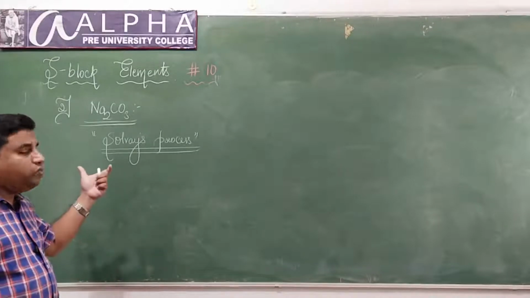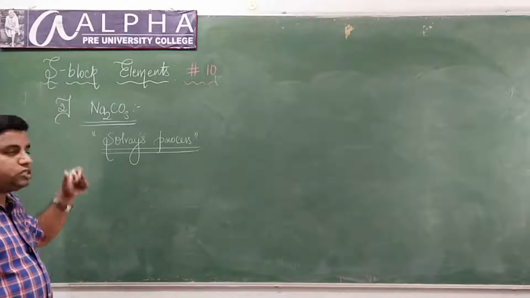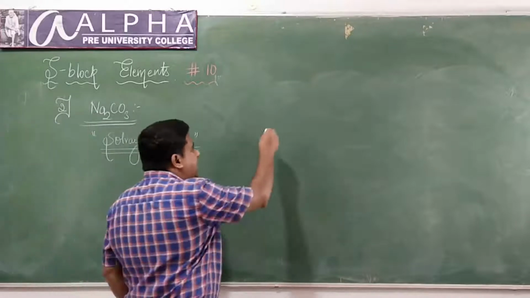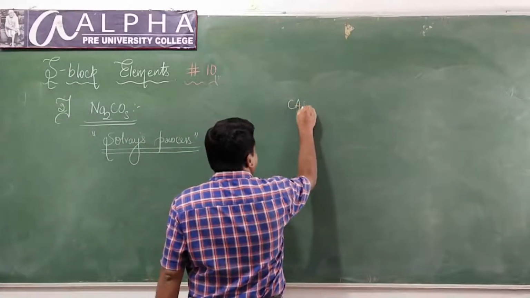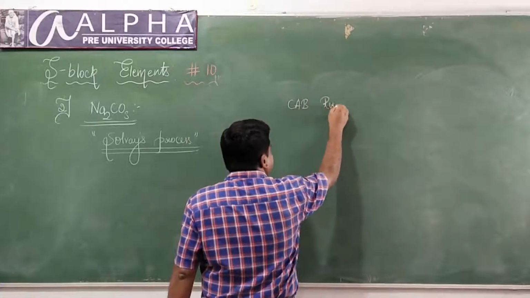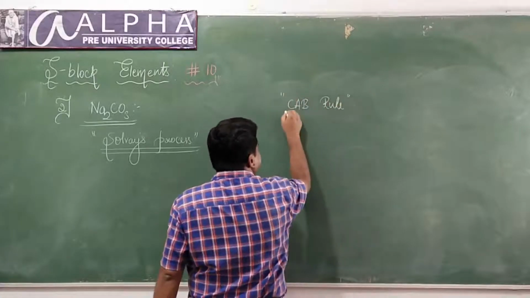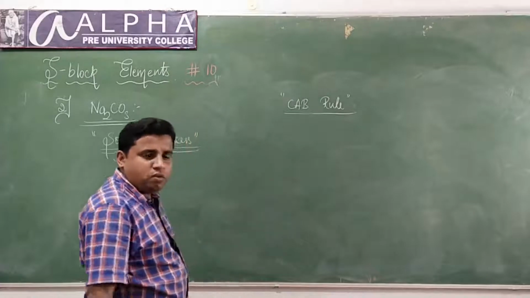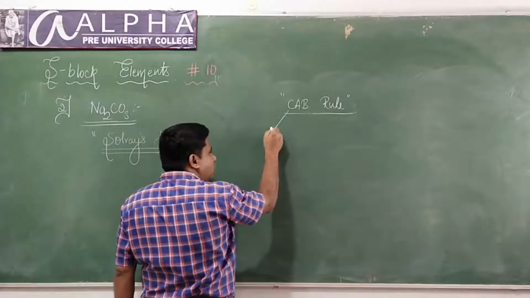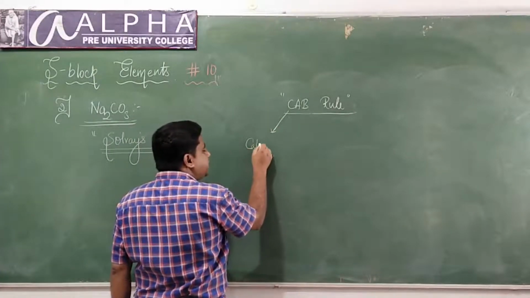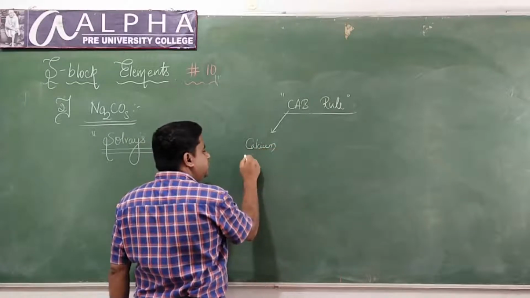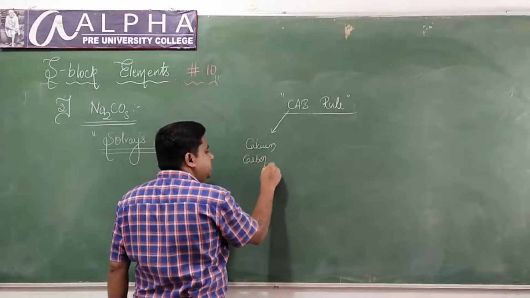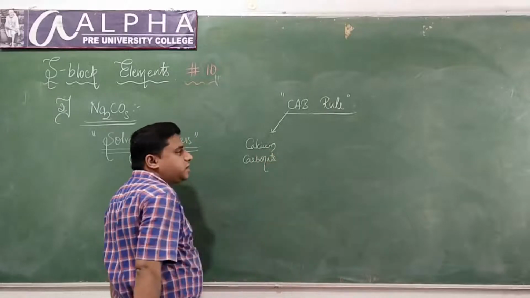Now whenever you are talking about the Solvay process for sodium carbonate, remember the CAB rule. What is the CAB rule? C stands for calcium carbonate.